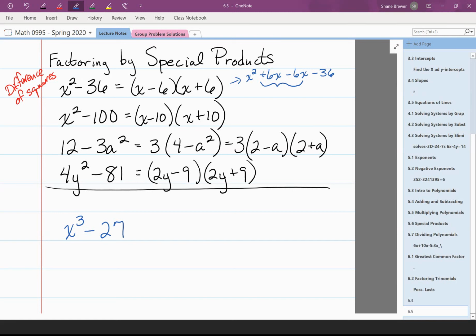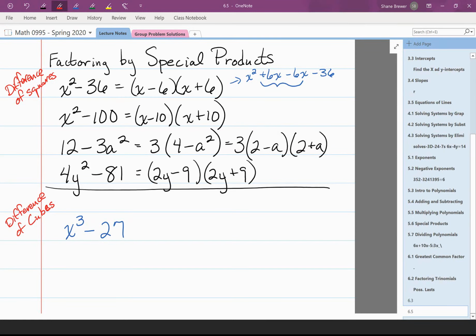So x cubed is x being cubed. 27 is 3 cubed. And so now we have not differences of squares as our pattern. We have what we call difference of cubes. Right? And so everything is cubed, and it's a difference of subtraction, right?